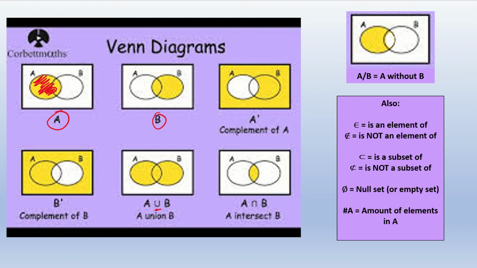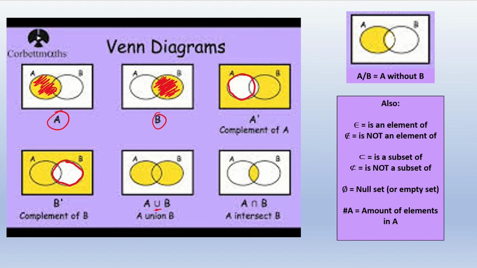The set B is everything in the opposite circle, the one denoted B. A with a little comma up above it is called the complement of A, and that means everything outside of the circle A. So you're not talking about what's inside A, you're talking about what's outside A. The same thing with B. The complement of B is everything that is outside that.